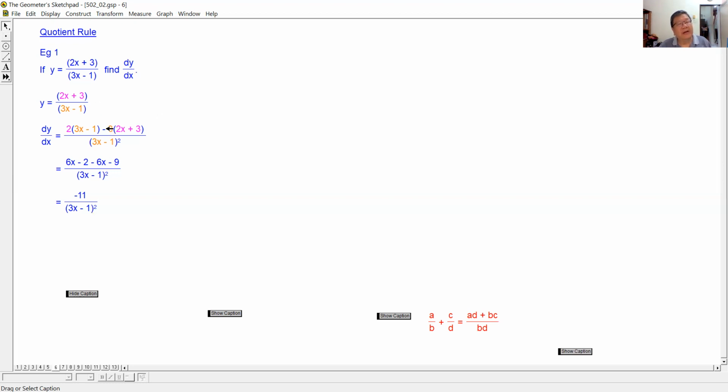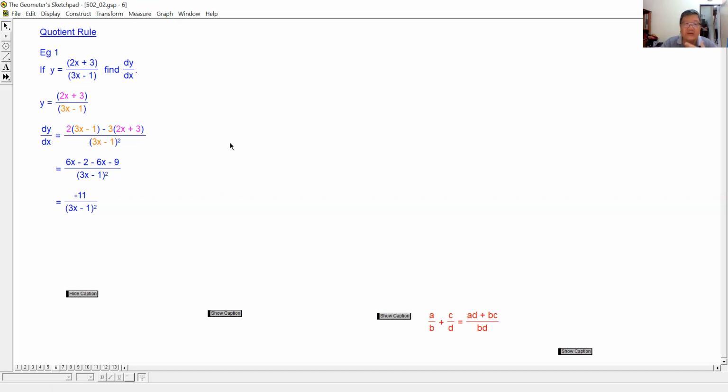Another difference between the quotient rule and the product rule is that the sign at the center is no longer positive. The sign is negative. Minus, now you differentiate the bottom, then keep the top. Differentiate the bottom, it becomes 3. So this 3 comes from differentiating the orange function at the bottom. Then you keep the top, 2x plus 3.